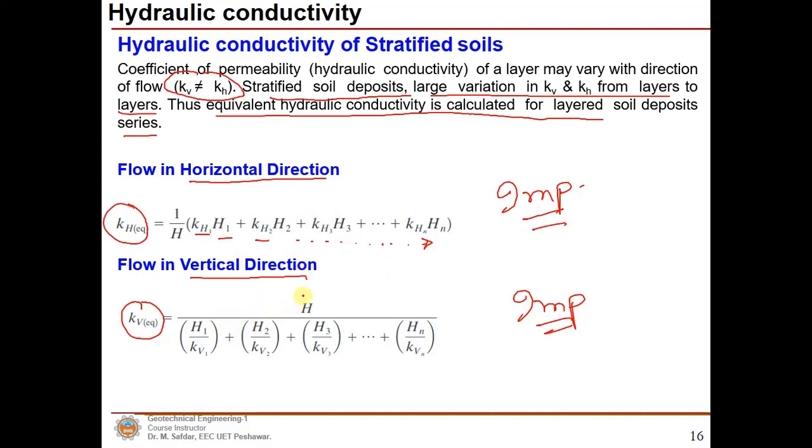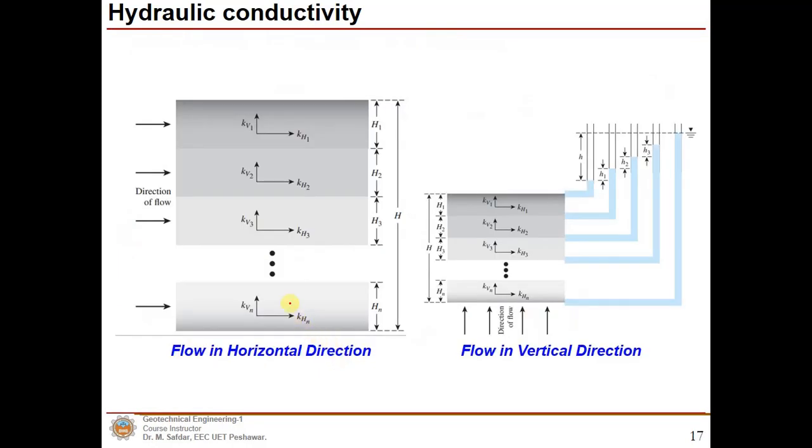If the flow is occurring in the vertical direction, H is the thickness of all the layers. H1, H2, H3 are the thicknesses of the respective layers which are present in the field. Kv1 is the hydraulic conductivity for the first layer, then the second, third and nth layer. That's how we can find out the vertical hydraulic conductivity and the horizontal hydraulic conductivity for the layers with thickness H1, H2, H3 and nth layer.